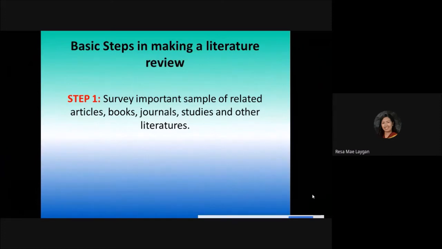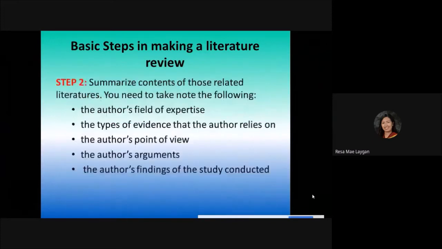And you have to ensure that those literatures are relevant to your research topic, with insight on how you will solve the existing problem or the main problem that you want to address. Another is we have to summarize. After we survey related literatures, we have to summarize the contents of those related literatures. So you really need to take note of the following.